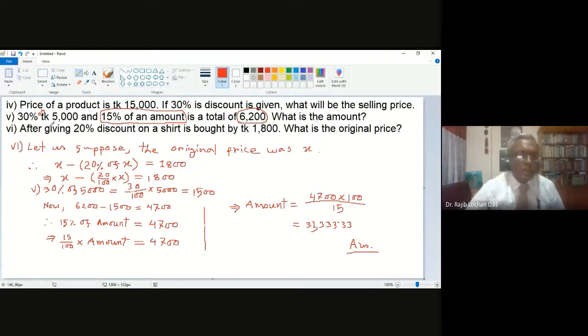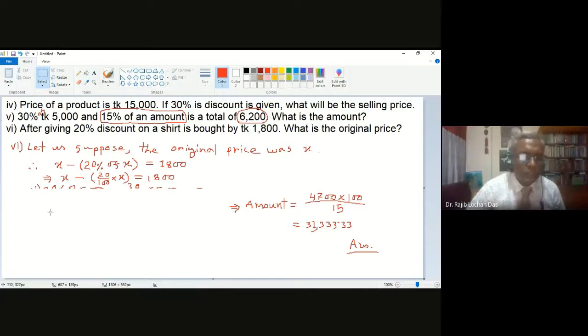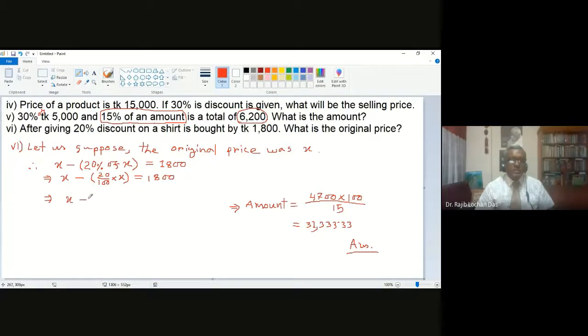Then continue with the next line, which will be very simple and straight: X minus X by 5.